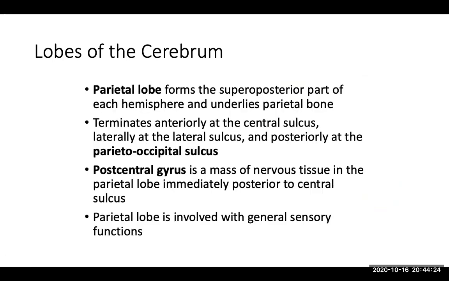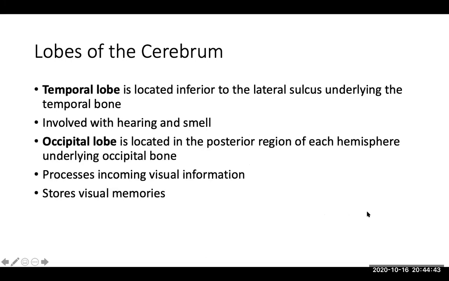The parietal lobe forms the superior posterior part of each hemisphere. The postcentral gyrus is the mass of nervous tissue immediately posterior to the central sulcus, and that's where your primary somatosensory cortex will be located. So the parietal lobe will be involved with a lot of general sensory functions.